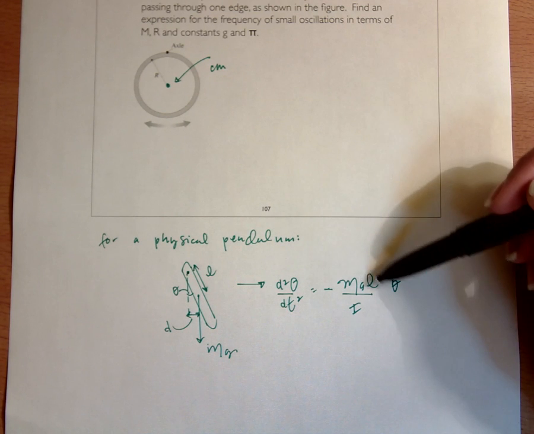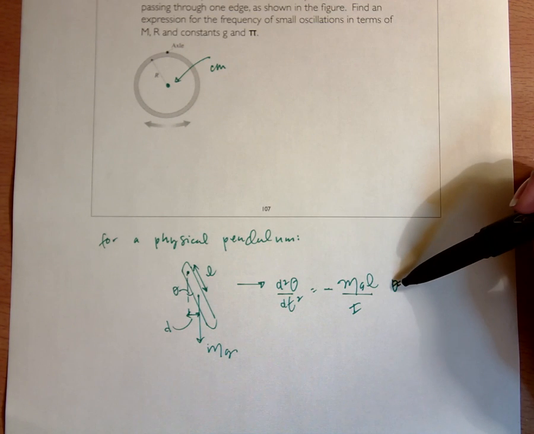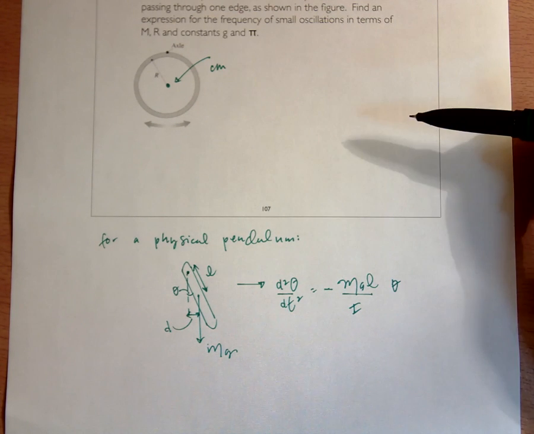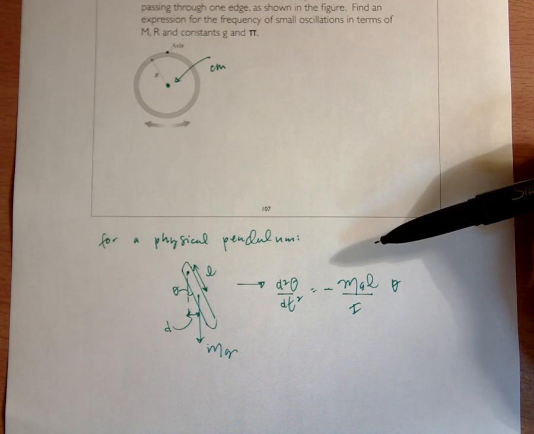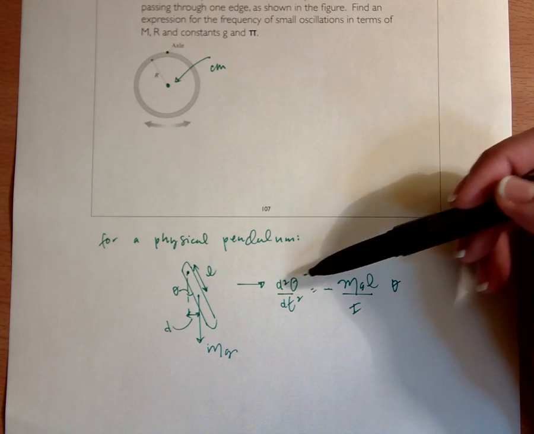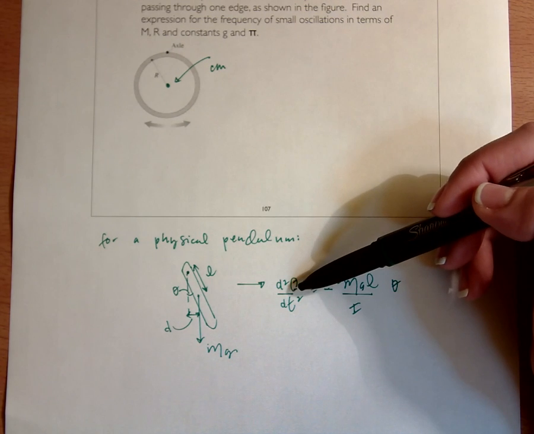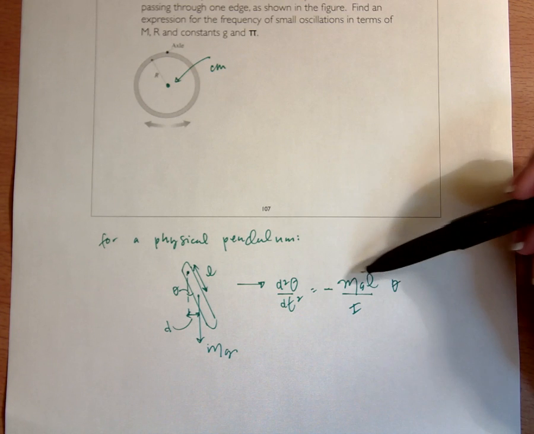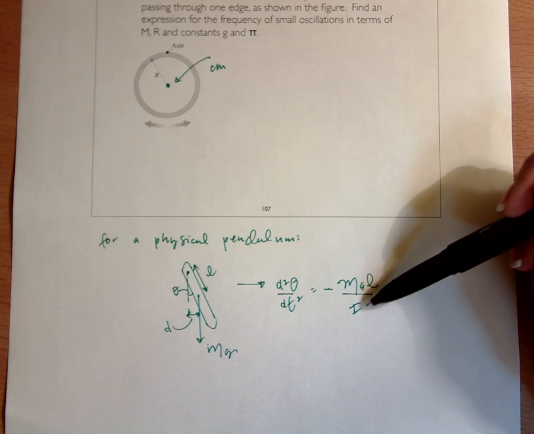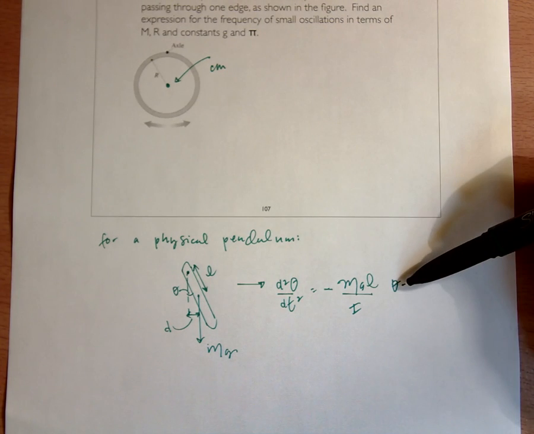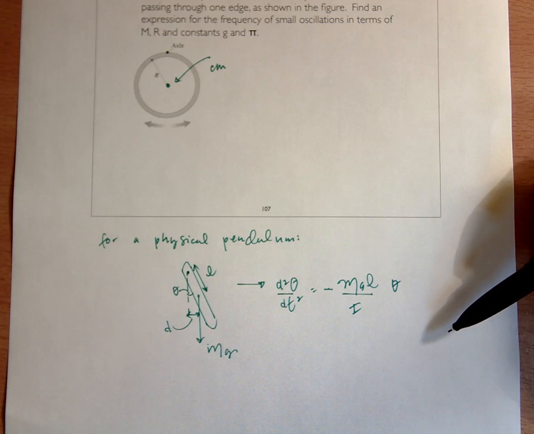So all of that times theta. Now remember, the condition for simple harmonic motion was that the acceleration was equal to the negative of some constant times the displacement. We talked about that in class.